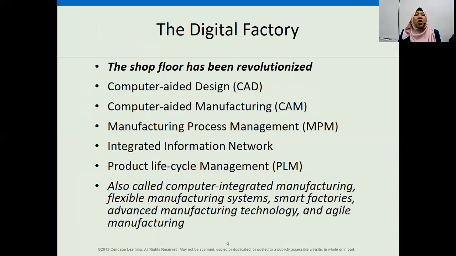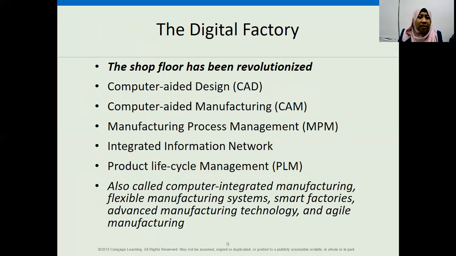And then this involves the digital factory, and the shop floor has been revolutionized. So we have computer aided design, CAD. This is actually a very prominent and popular term. You just Google this one, you can get a lot of information regarding these terms in technology.